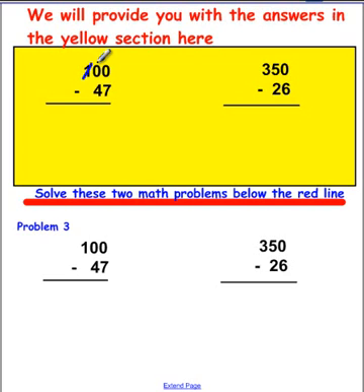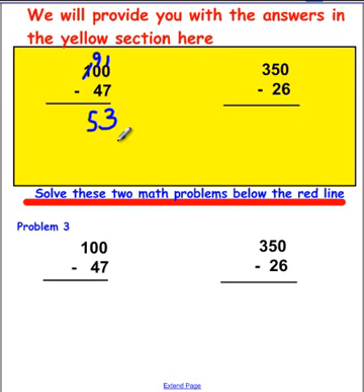However, we need to take one of those tens and place it here. So this is going to be a 10, and since we took 1 away, this is going to be a 9. Let's see what the answer is. 7 from 10 is 3. 4 from 9 is 5. And we no longer have a 1. So the answer is 53.